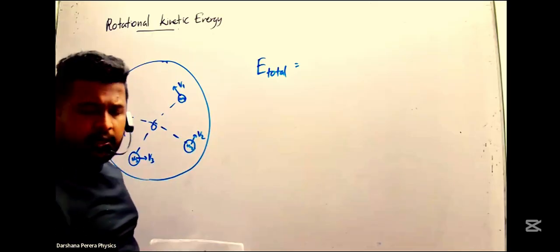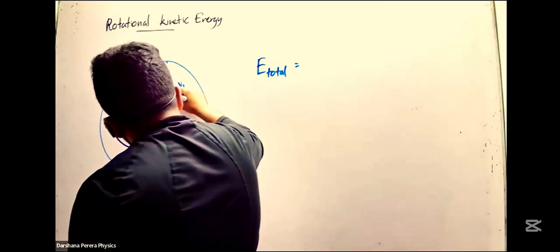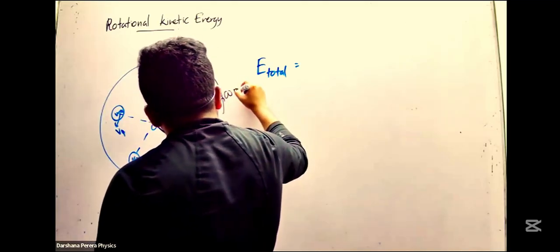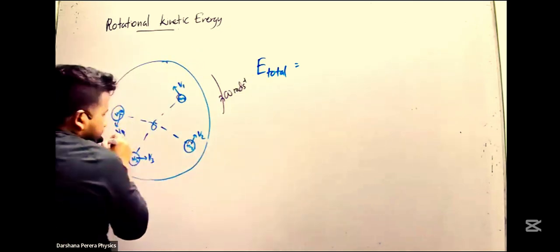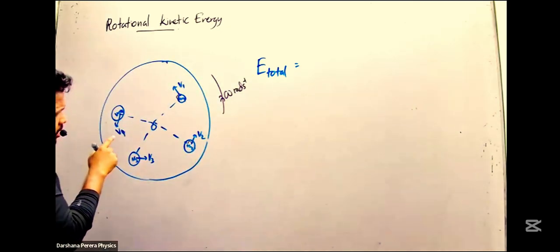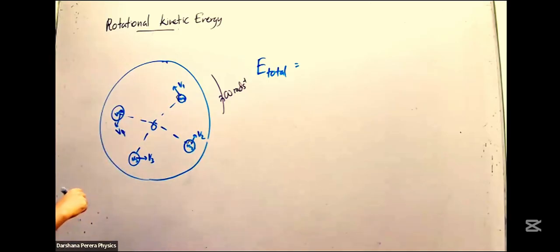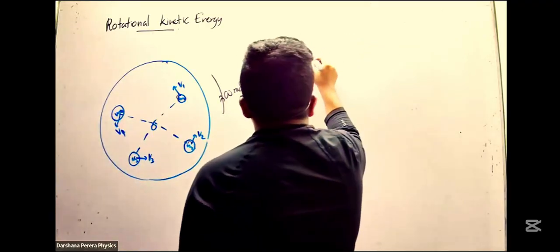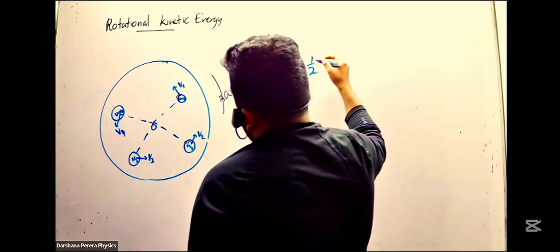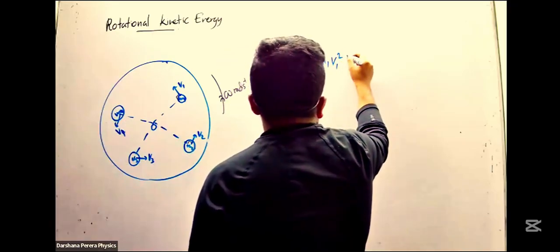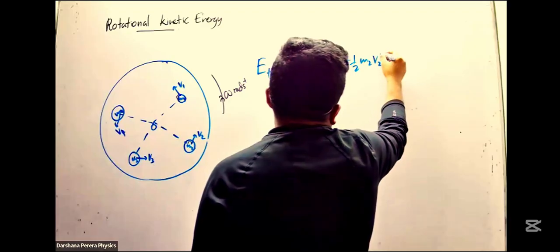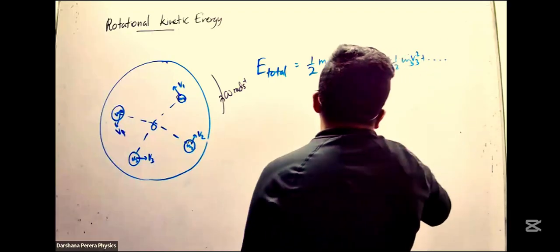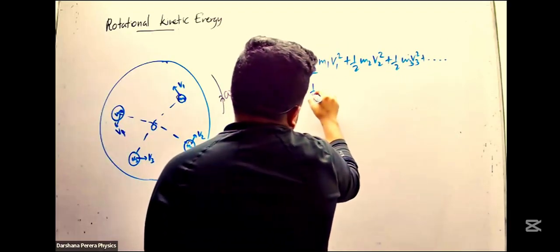Total kinetic energy means these velocities are what? Tangential velocities. When it rotates with omega, these particles are getting tangential velocities. Therefore, we have to take E total equals half m1 v1 square plus half m2 v2 square plus half m3 v3 square.